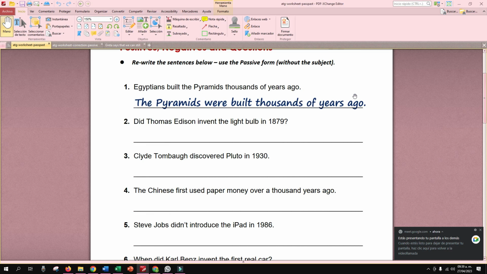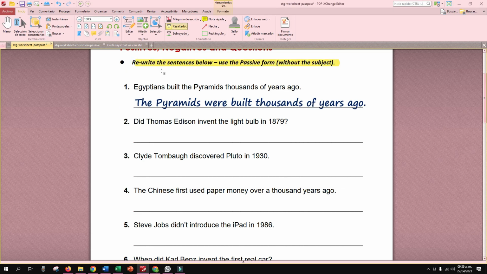We can say by the Egyptians, but we don't need it, right? So we're just going to write them down in the passive voice, right? They will be questions, negative or affirmative sentences, right? So I want you to follow that example and write those sentences in the passive voice without the subject.